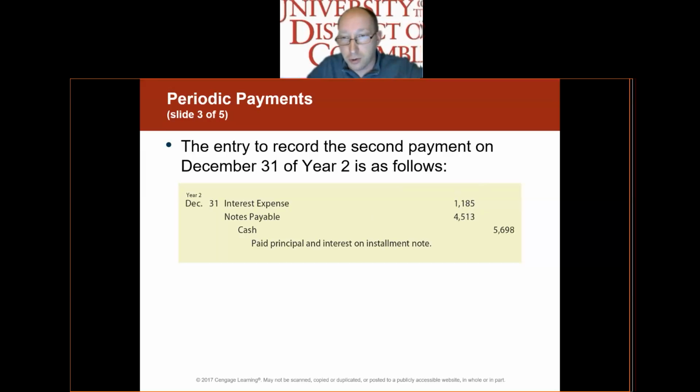So in year 2, we debit interest expense $1,185, and we debit notes payable $4,513. The cash payment's still the same. Year 3, interest is only $324, and the note payable is higher, $5,347.